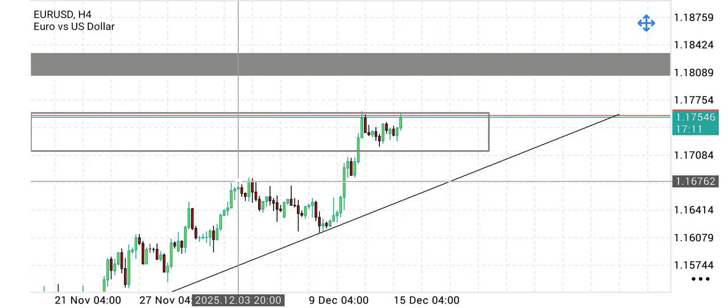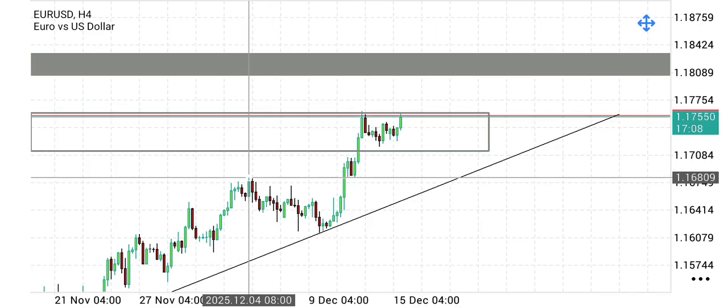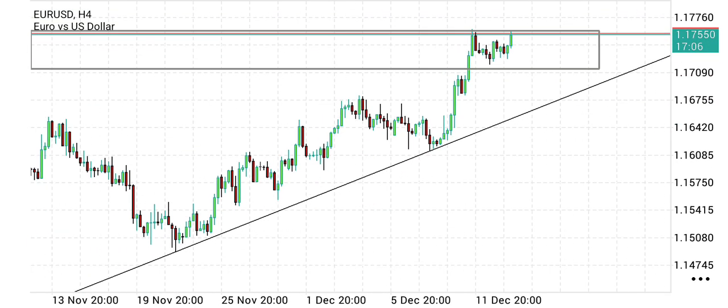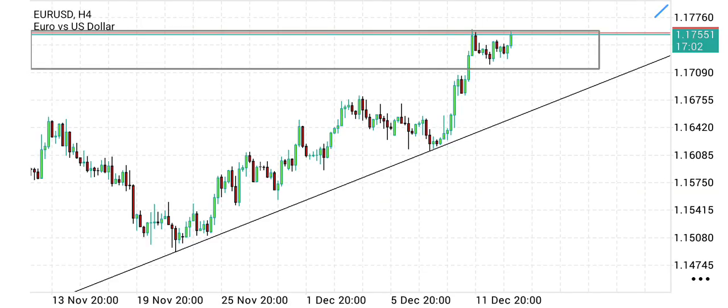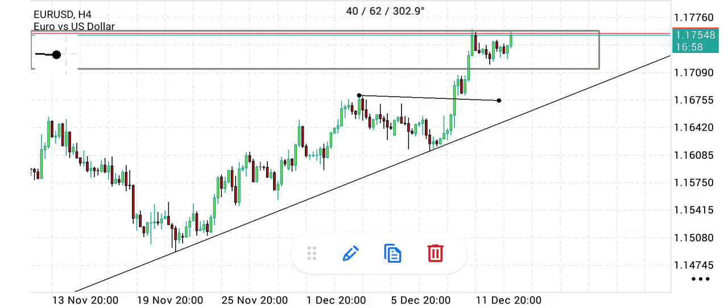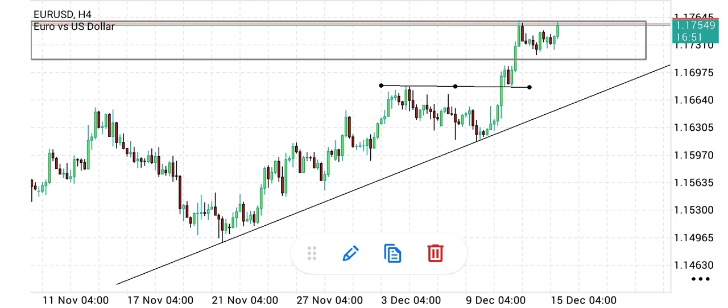Because we've already made a break of structure. If I take my trend line and do like this, I see that this is where the price has made a break of structure.